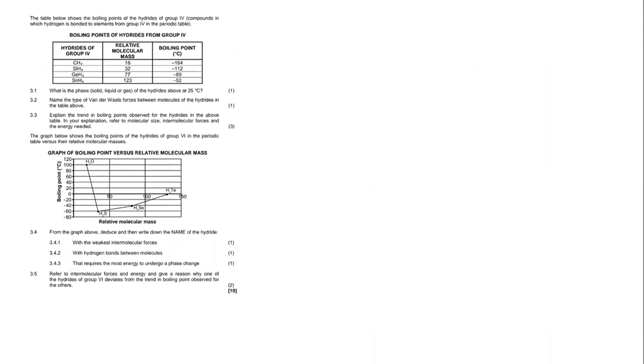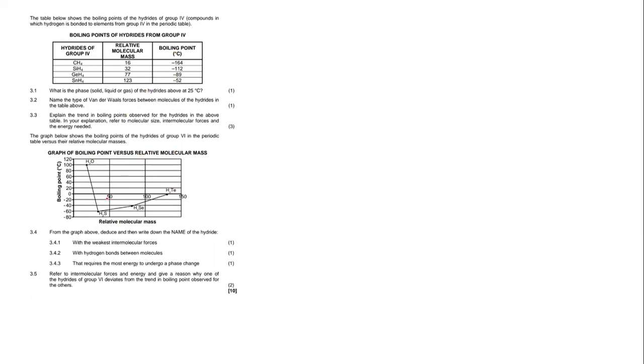Now, to answer this question, let's have a look. We are given our information in terms of a graph. Remember, earlier it was given in the form of a table. Now it is given in the form of a graph of boiling point versus relative molecular mass. So the variables are the same, but the presentation is not the same.